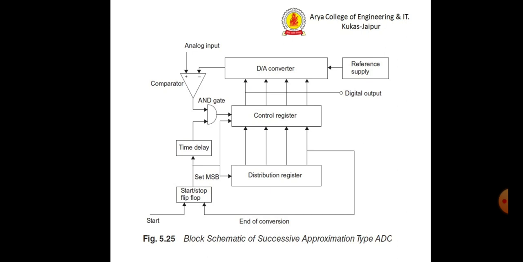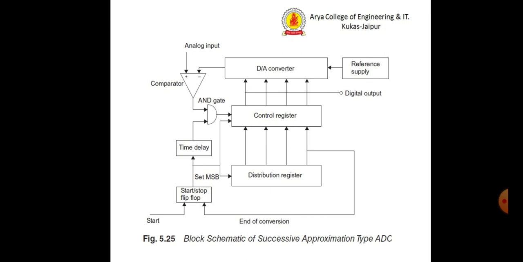The feedback path lies between the control register and the distribution register. The distribution register is a ring counter, thus 1 is circulated. When 1 changes bit position, a particular operation takes place, if it gets feedback from the control register.